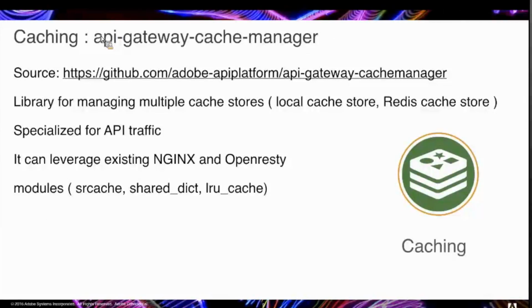We also built a cache manager, where we implemented the Spring API for caching. What's particular about it is that it can manage multiple cache stores, and it's built specifically for APIs, not for static content such as images or videos. It's specifically built for APIs, and it's super fast.